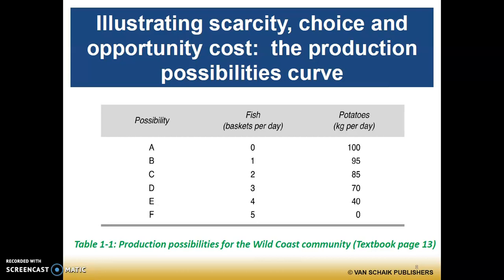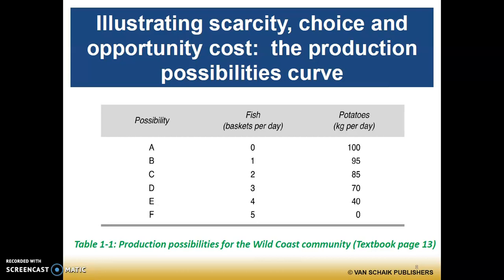Likewise, in producing 40 kilograms of potatoes, they have to decide to forgo the extra basket of fish they might have produced. So the opportunity cost of producing the 40 kg of potatoes is the basket of fish, and the opportunity cost of producing the 4 baskets of fish is the 60 kgs of potatoes that have to be forgone.